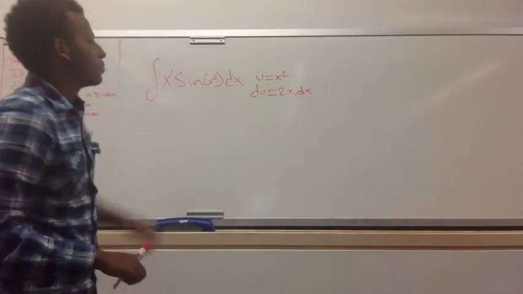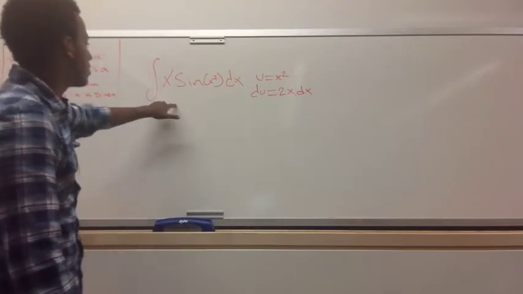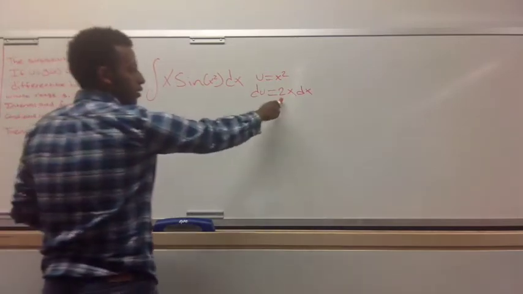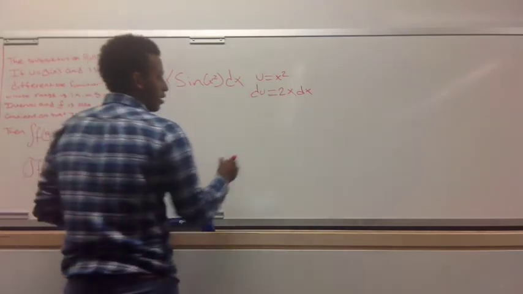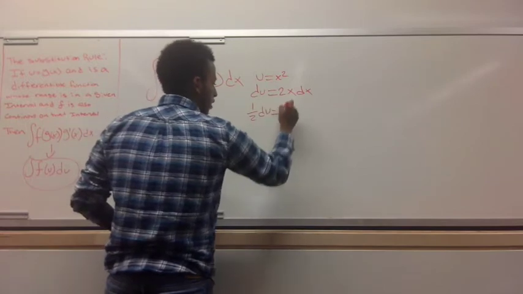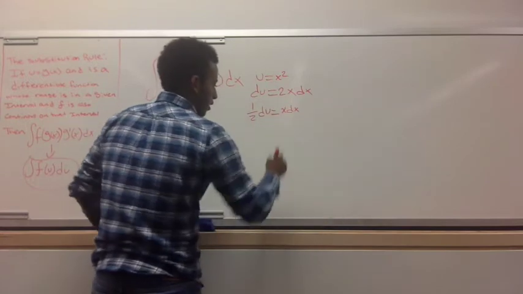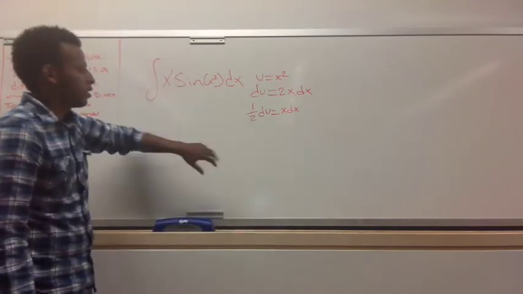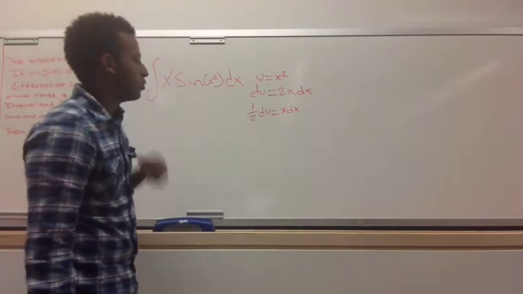We want to replace all the x's in this integral with u's. To do that, we move the 2 to the other side, and so we get 1/2 du equals x dx. The x dx is replaced with 1/2 du.